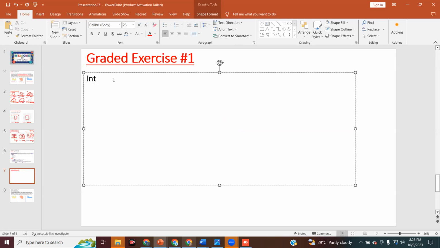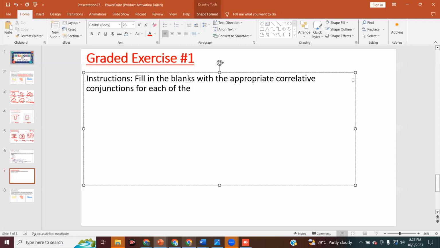So the instructions are as follows. Fill in the blanks with the appropriate correlative conjunctions for each of the sentences below.